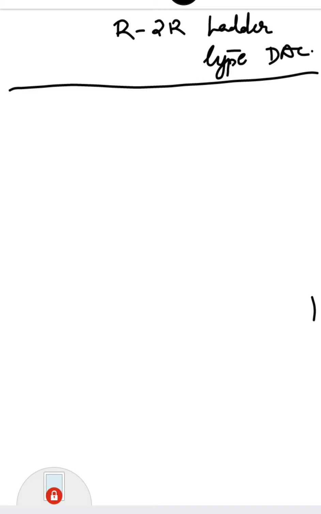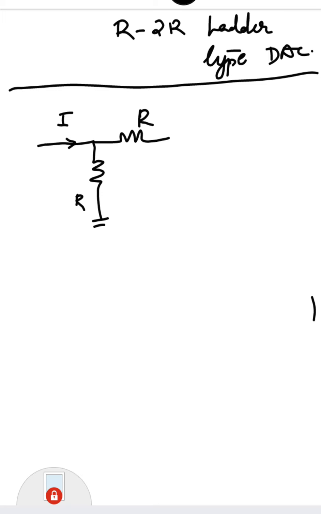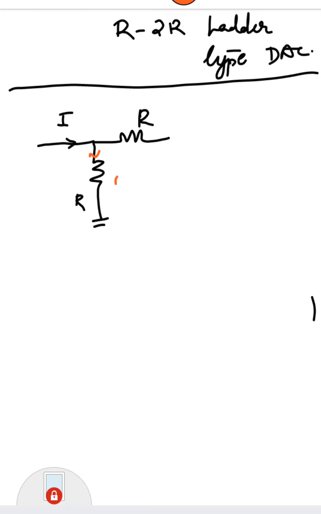The basic idea of the R2R ladder is, suppose that a current I is coming and there are 2 resistors of equal value. Assume that this is R, this is also R. How does the current split? The current flowing through this branch will be I by 2 and this will be I by 2, because these are 2 resistors of equal value.